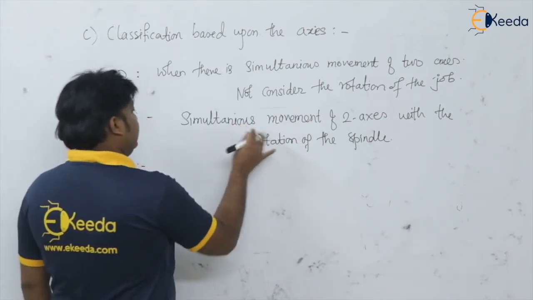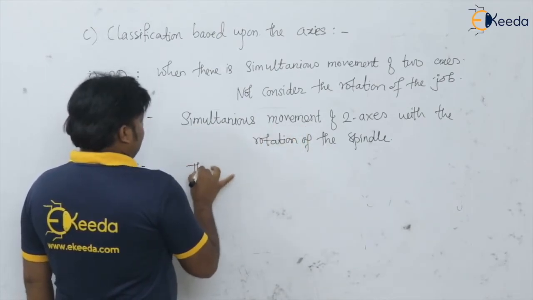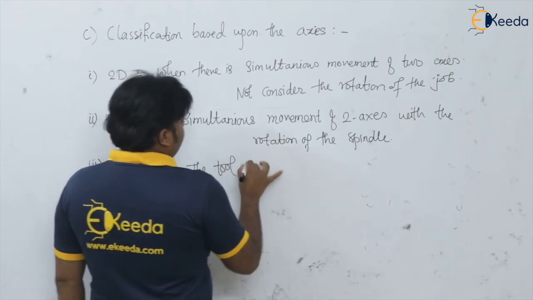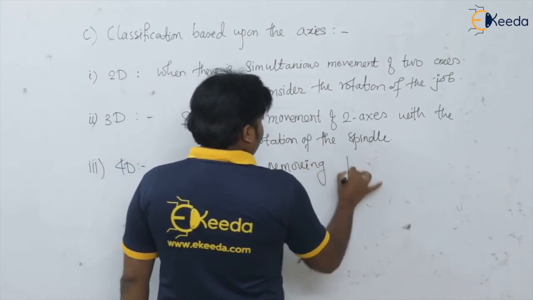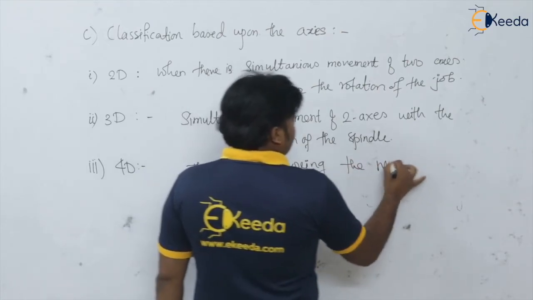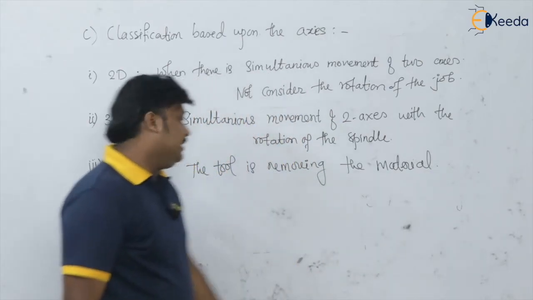So in the same case as the 3D control system, if the tool is removing the material, it is known as a 4D control system.